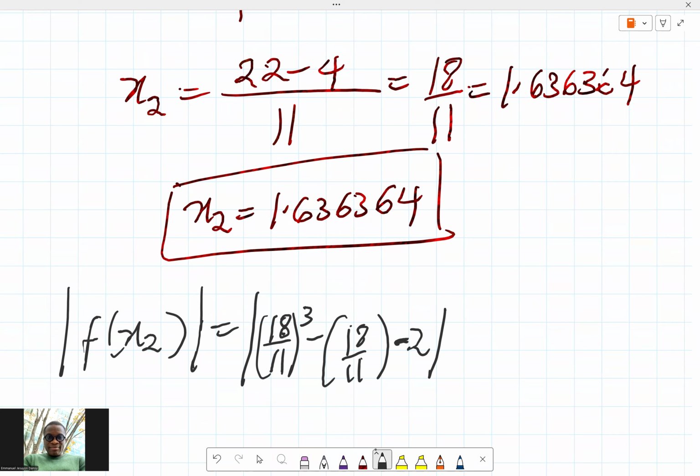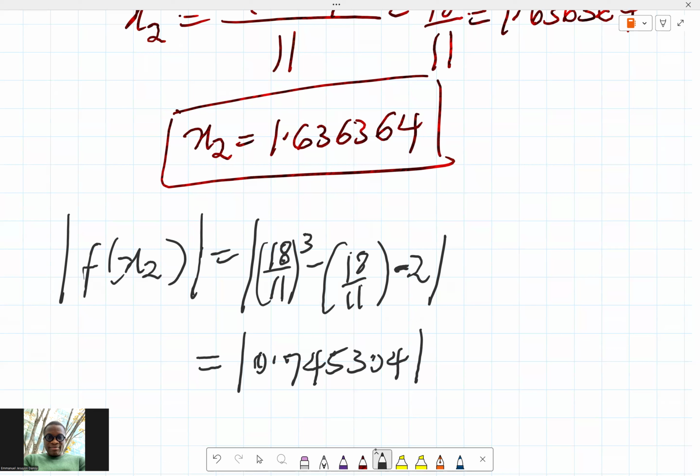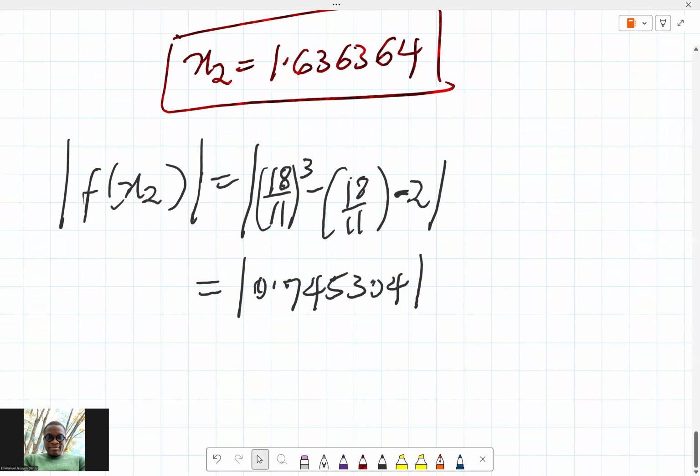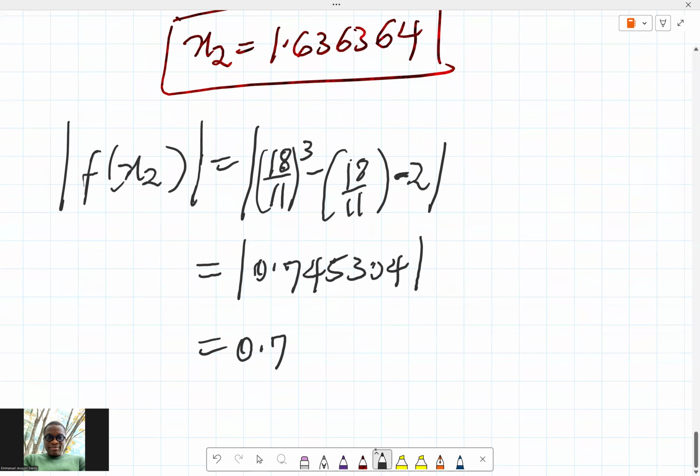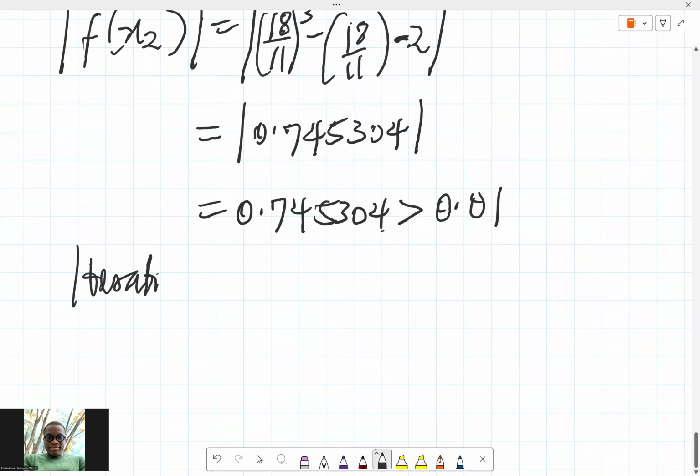That's like x cubed minus x minus 2. And this gives us the absolute value of 0.745304. So watch out, because this is our f of x2, which we need later. And this is still greater than 0.01. So what happens? Iteration continues.